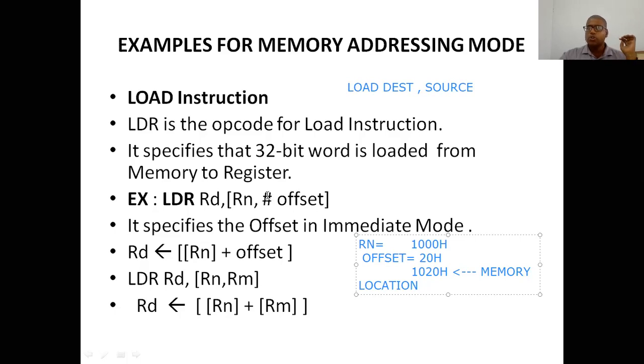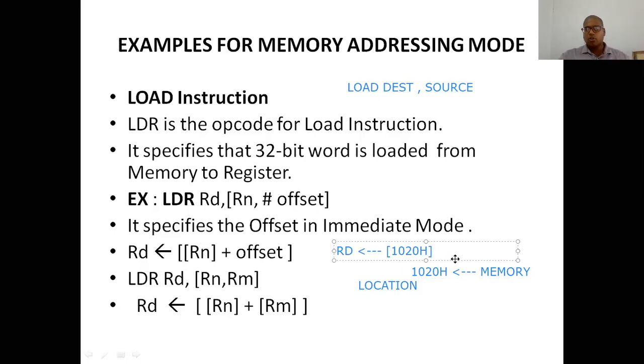Now we need to add the contents of Rn with the offset value. For example, in the register Rn I have 1000 and the offset value is 20. These two are added, then I will get 1020. So I will replace this entire thing, load content of Rn comma offset, like this: RD will be replaced with the content of 1020H.